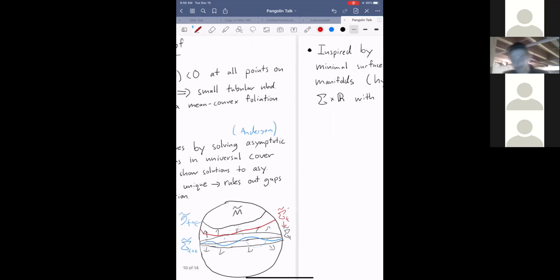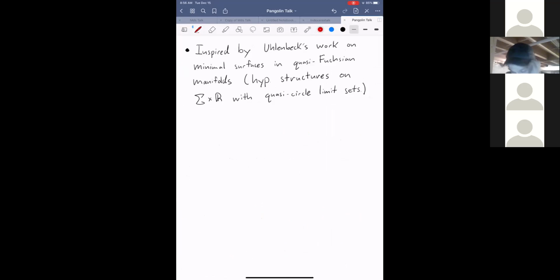I'll just say briefly, this is inspired by Karen Uhlenbeck's work on minimal surfaces and quasi-Fuchsian manifolds. There's a specific regime called the almost Fuchsian manifolds. What these look like is a high constant curvature -1 hyperbolic metric on sigma times R. Okay, it'll be skinny in the middle, but it'll flare out at the ends.